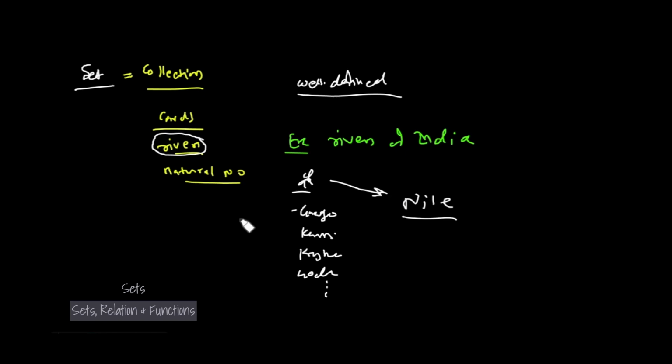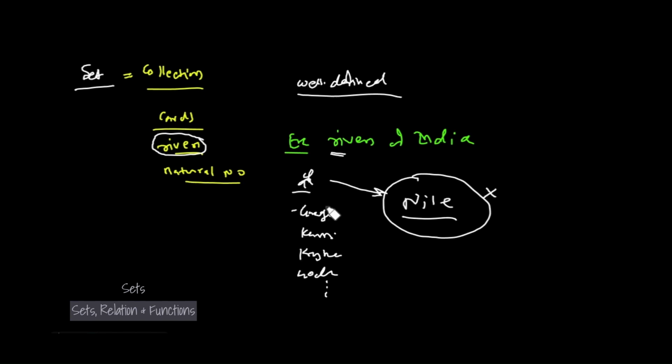Okay, so this particular collection, rivers of India, has a well defined set of objects. So we can confidently say that the Nile river is not part of this particular collection. So it means that this is well defined. This is the meaning of well defined.